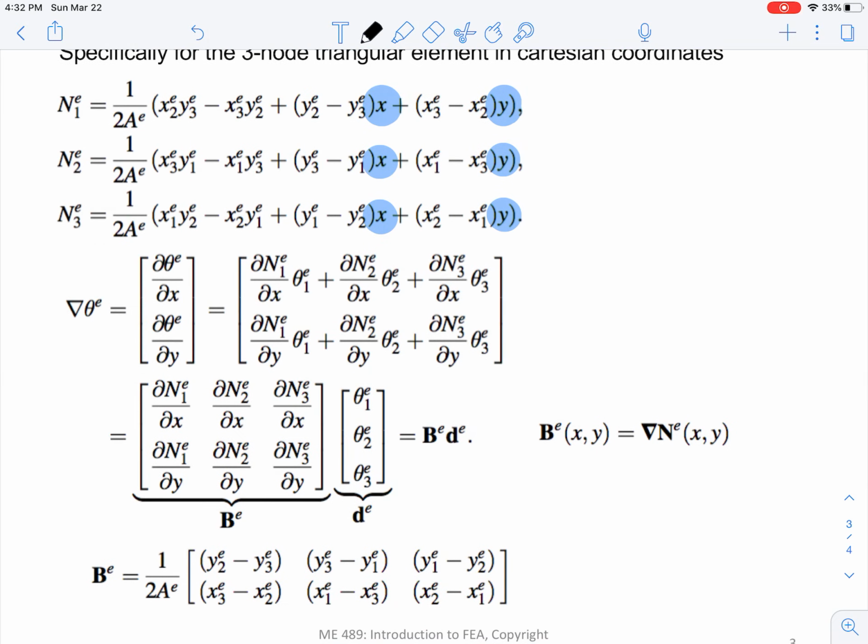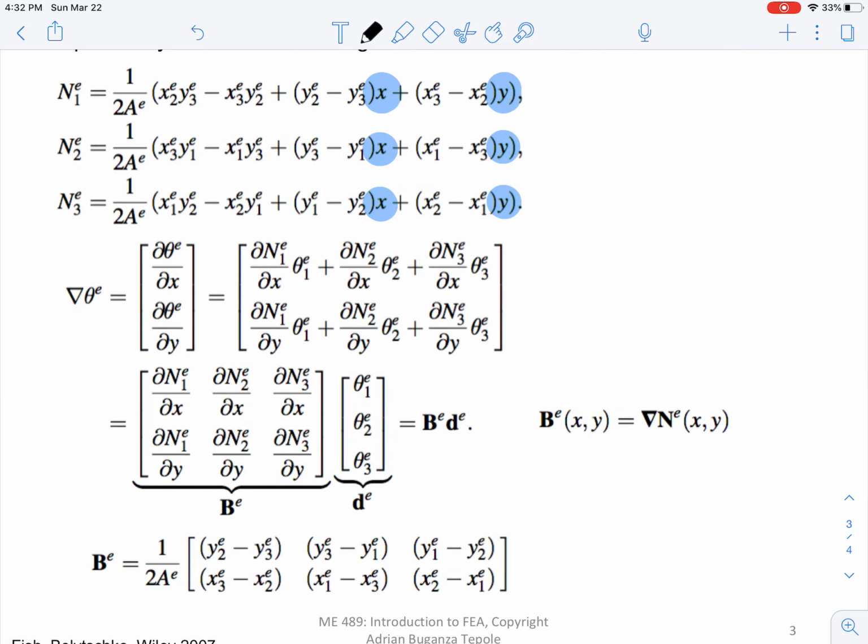The B matrix, you can calculate the derivatives of these shape functions directly with respect to x and y. And if you do that, then you'll see that the B matrix for the triangular element is a constant. So for the linear triangular element, BE is constant, and it's given by this. It just depends on the nodal xy coordinates. And that's pretty much all we need.